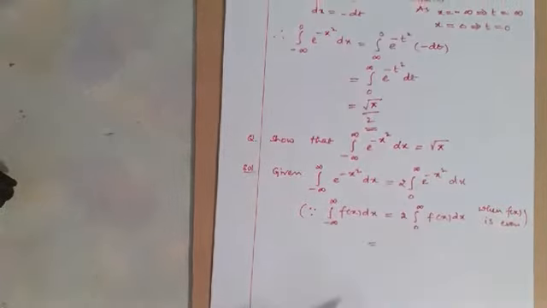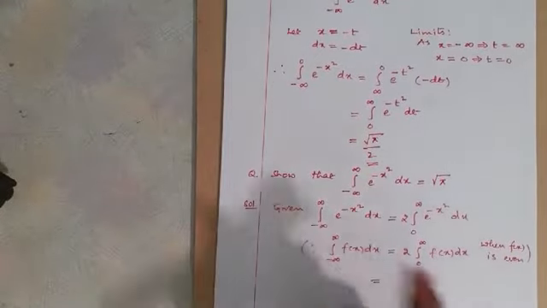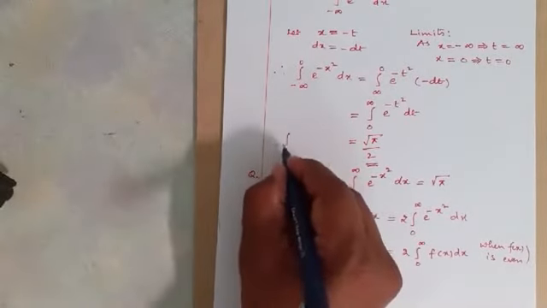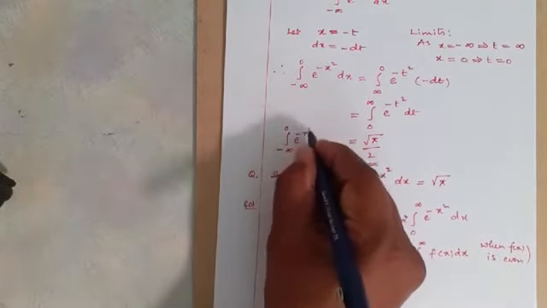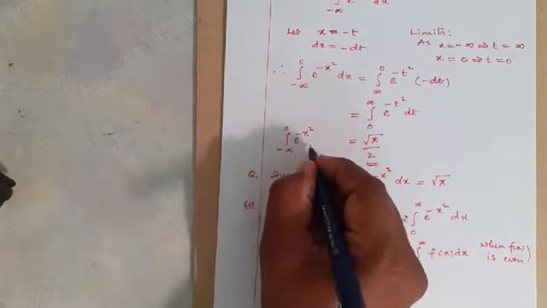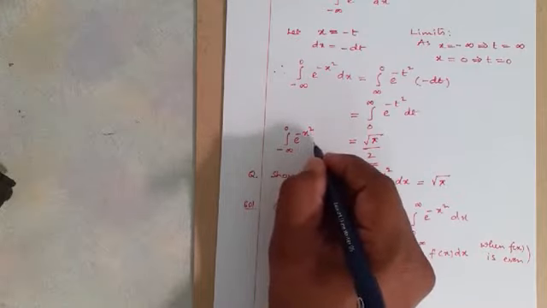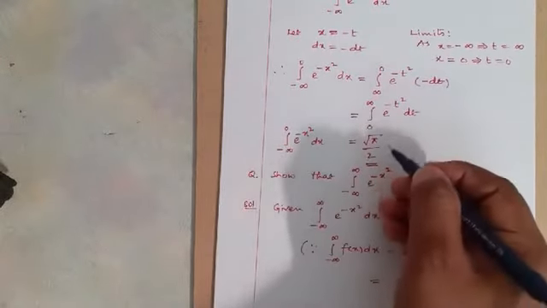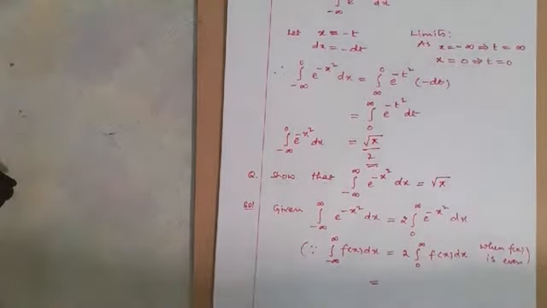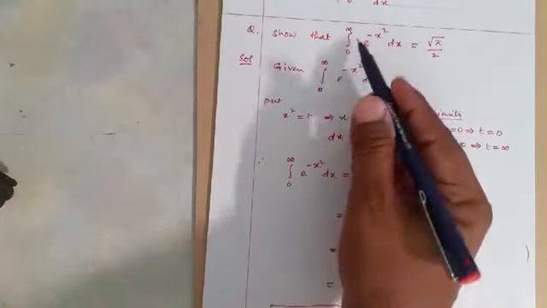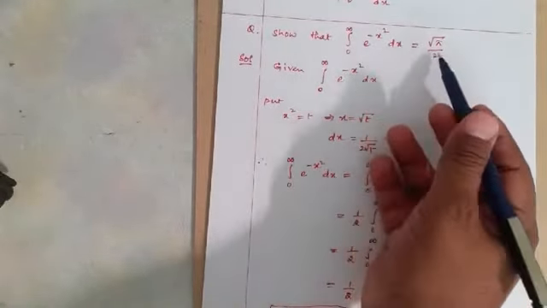Now the previous problem was the integral from minus infinity to 0 of e power minus x square dx, and there we got the integral from 0 to infinity of e power minus x square dx is root pi by 2.